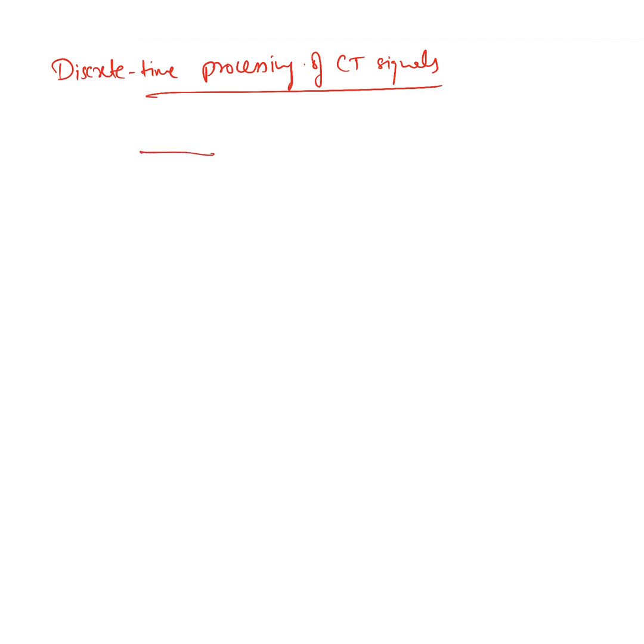So the basic idea is, let's say I have some signal xc of t, which is a continuous time signal, and this is some continuous time system, and we have this y of t, which is also a continuous time signal.